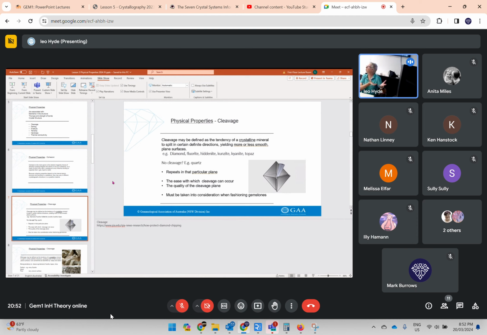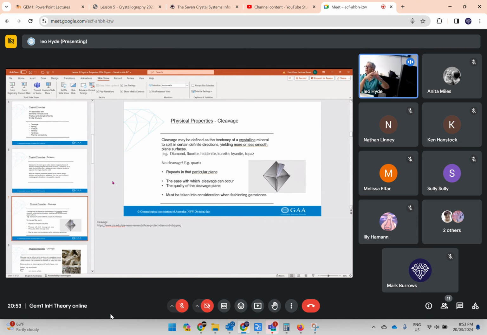Okay. Some crystals have cleavage planes, some don't. Quartz doesn't have a cleavage plane. And then we can talk about that cleavage. Is it going to happen in more than one direction? Is it a less than perfect cleavage plane? Sometimes there is more than one direction of cleavage, 4 directions for fluorite, for example.